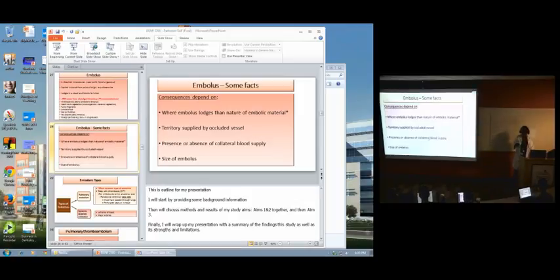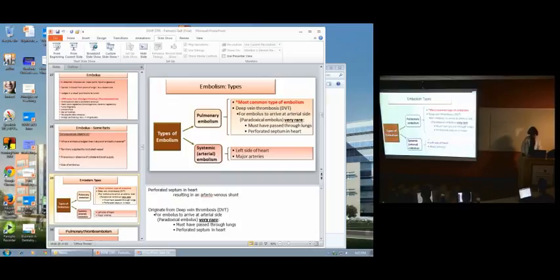Also, the presence or absence of collateral blood supply. Sometimes you may not have dual blood supply, but you have collateral supply, like in the heart. Then the consequences tend to be less. And then the size of the embolus, which makes sense. If it's big, the consequences are more.